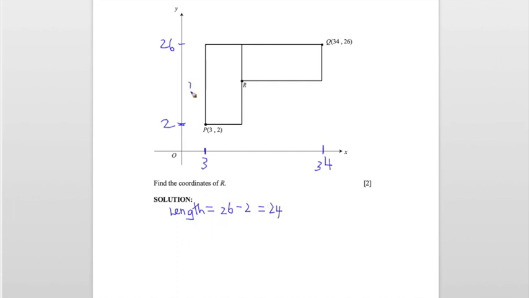Now, if this is 24, then this is also 24. So if from here to here is 34, then this length here will be 34. Okay, so that is the width. The width will be 34 minus 3, because it's 3, and minus 24.